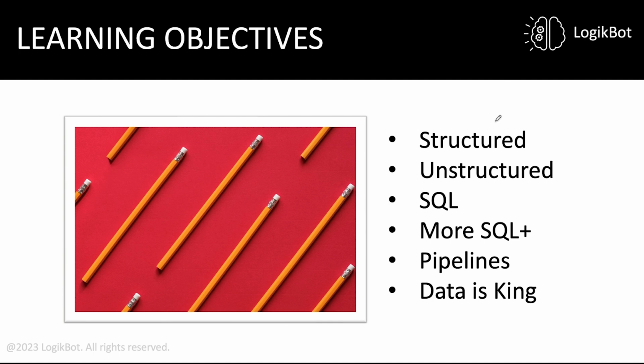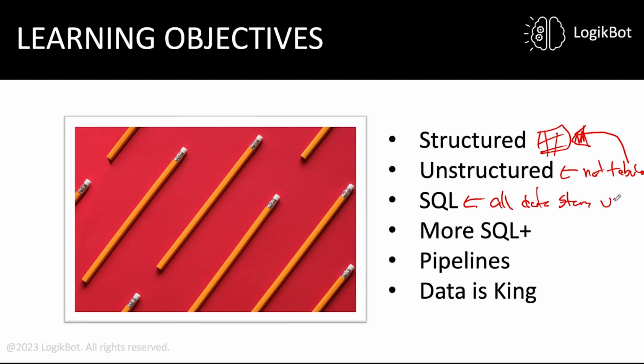So what do we do in this lesson? We talked about structured data, what it is. It's a table. It's tabular data. We talked about unstructured data. It's not tabular. Not easily jammed into a table. We talked about the king, SQL. All data stores I know of or have ever worked with use it.